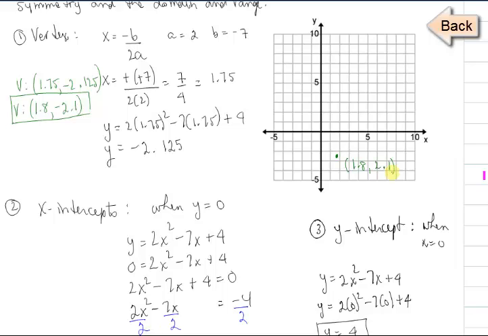I have an x-intercept at 2.8, so around here. And the other one is at 0.7, which is around here. And I have a y-intercept, which is at 4.